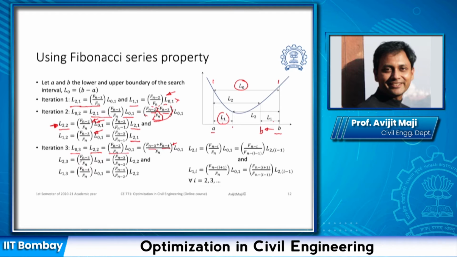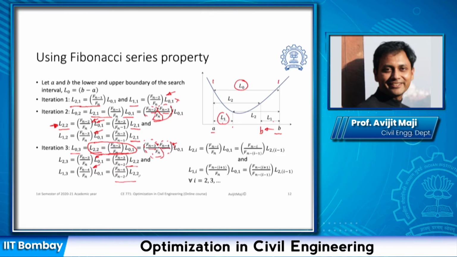And in this, again, if we find out L2 and L1, we can clearly see that L2 represents this component and L1 represents this component. So this is my L2 and L1, and using this transformation equation, we can reform L2 in the third iteration this way, and L1 this way as well.